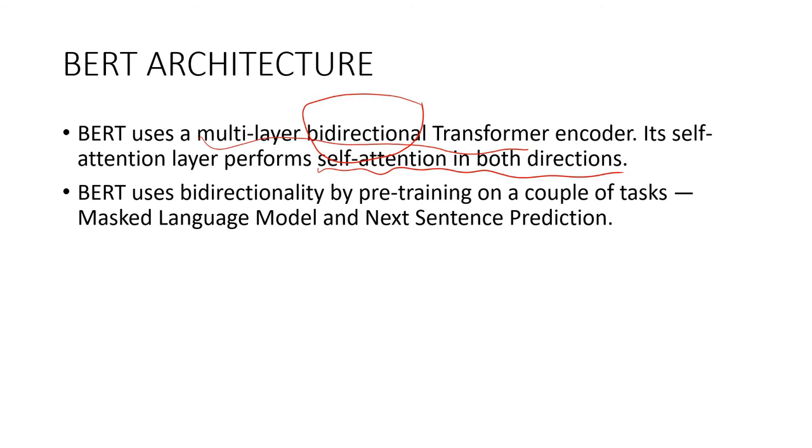BERT uses bidirectionality by pre-training on a couple of tasks: the masked language model and the next sentence prediction. These two are the important principles that differentiate it from the transformer. BERT handles the masked language model and next sentence prediction.